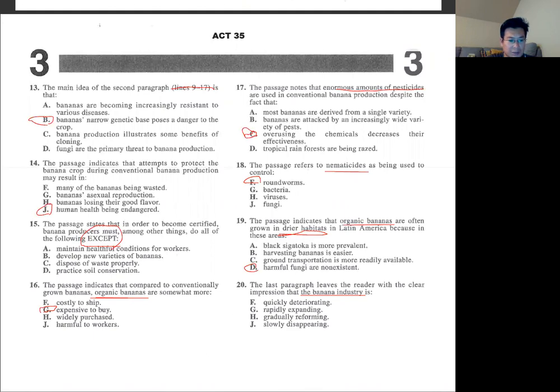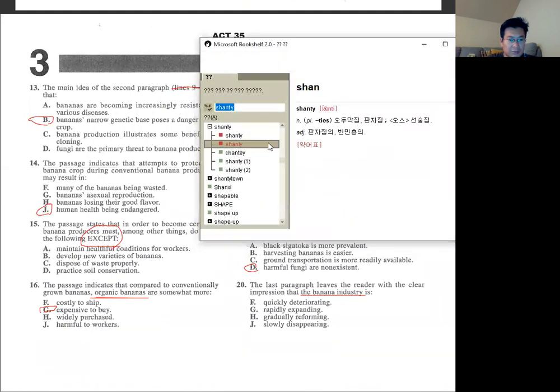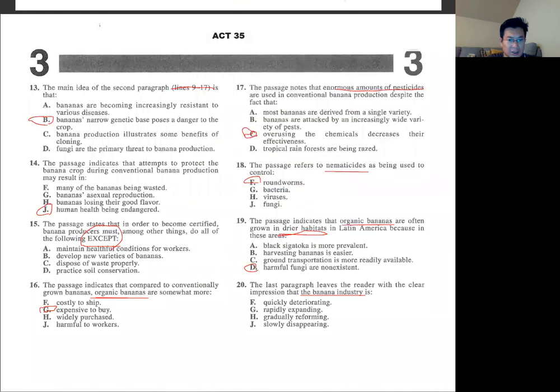But this is more about roundworms, because the meaning of nematicides itself is, how can I say it? That's the definition of it.